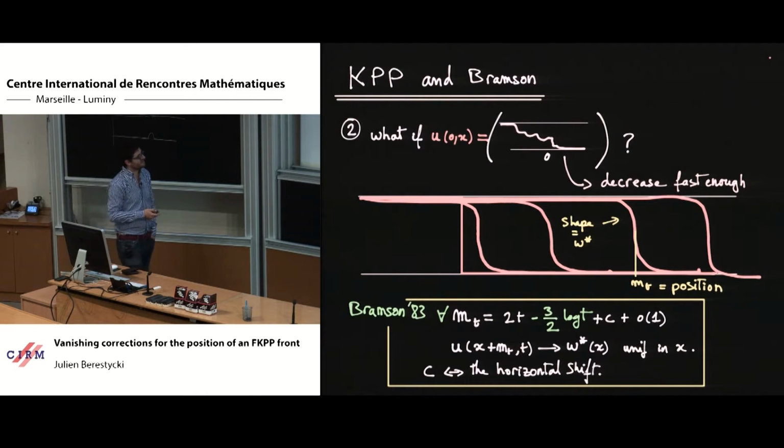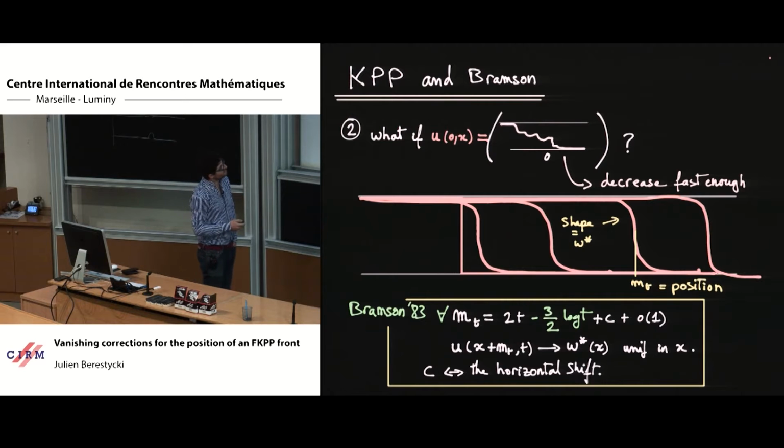And it turned out to be quite large, and it's actually minus 3 half log t here. So what he showed is that for any m_t of this form, so you take 2t minus 3 half log t plus some constant plus a small o of 1, then this happens. So you have convergence of your solution toward this shape W star.